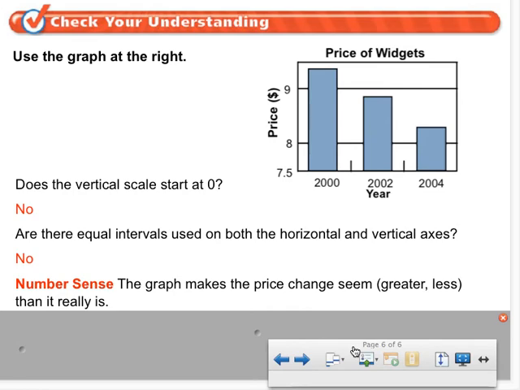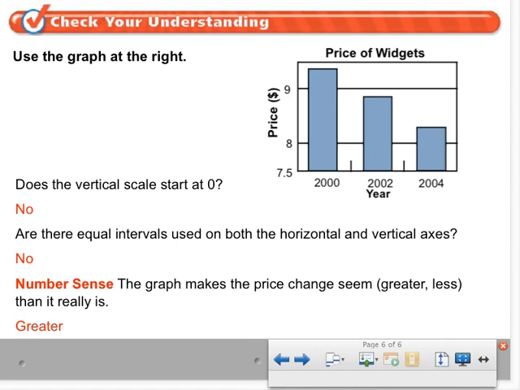Greater or less? So the price of widgets, because we're not using the same intervals, it's making it look like there are bigger changes from one year to the next, right? So it's actually greater.